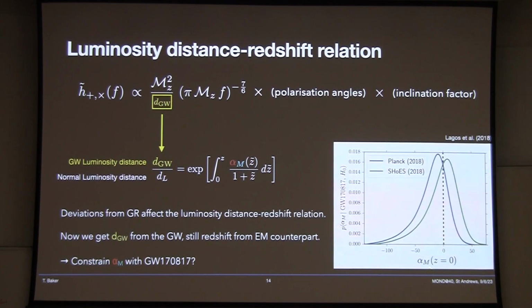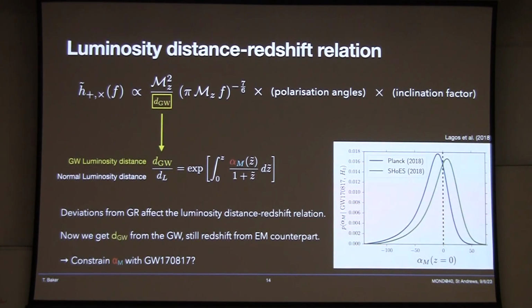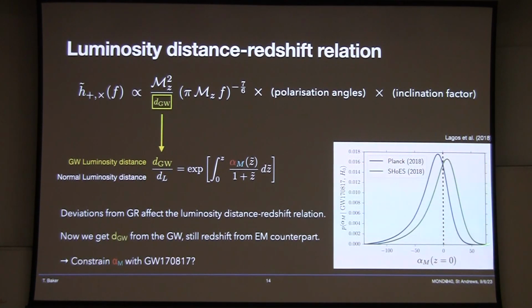So really, we're just constraining its value at redshift 0 or close to 0. There are two curves here because it depends on what you take as your prior on the Hubble constant. There's a Planck version, and Shoes, which is part of the low redshift distance ladder Hubble constant measurements. Again, the difference doesn't really matter today. The point is the scale of these things.